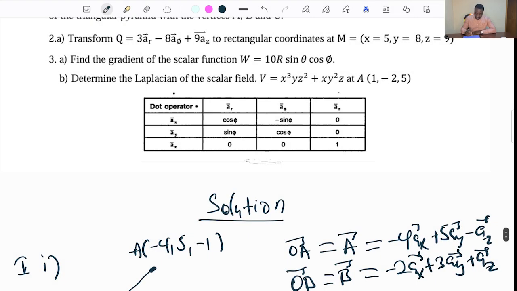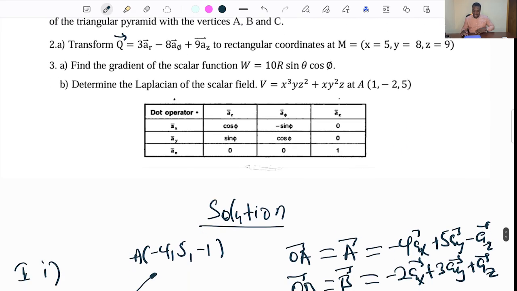Transform the vector Q, giving us 3 along the direction of the radius, minus 8 along the direction of the angle of rotation, and then plus 9 along the z-axis, to rectangular coordinates at point M. And at M we have these coordinates: x is equal to 5, y is equal to 8, and z is equal to 9. So we are to transform vector Q to the rectangular coordinate system.